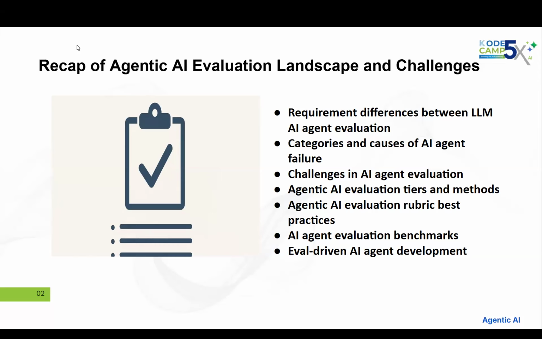And maybe the agent is trying to get an API, but it's using an inappropriate way of getting that tool.